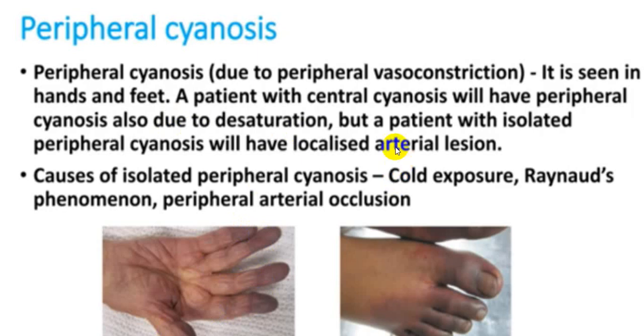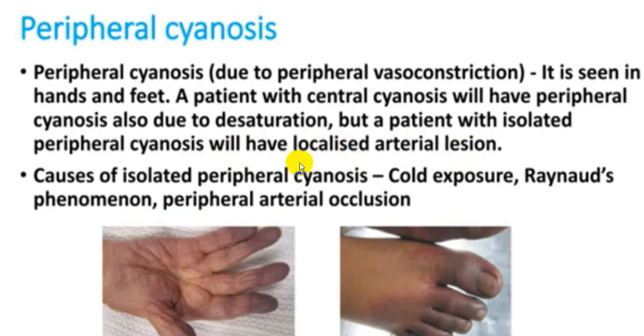But if you get it only in the periphery and there is no deoxyhemoglobin circulating in the blood, then we use the word isolated peripheral cyanosis, where you will have a localized arterial lesion, and that will give rise to what we call peripheral cyanosis.